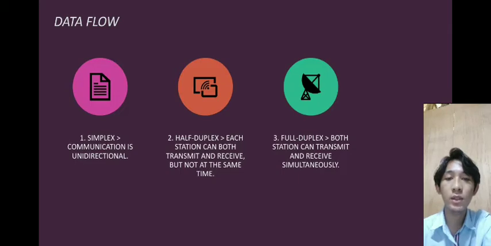Example of this is the walkie-talkie. When you're using a walkie-talkie, you press the button to start talking, but you can't hear what the receiver is saying. Full duplex. It's the same as half duplex, but the difference is that full duplex can transmit to each other at the same time.